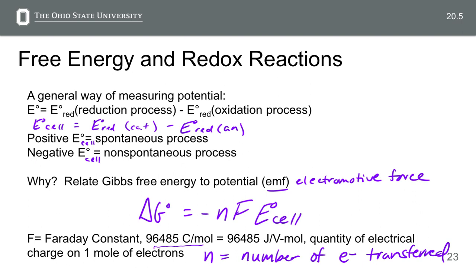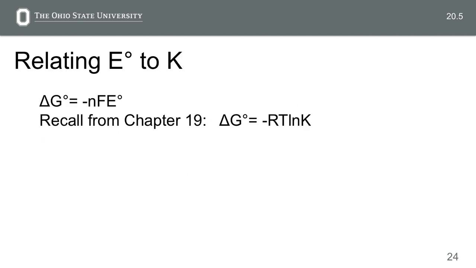Questions on that? Now, because of all of the work we've done in chapter 19, we can relate the Gibbs free energy, which we have related in the past to the equilibrium constant K. Now we can relate the cell potential to the equilibrium constant.